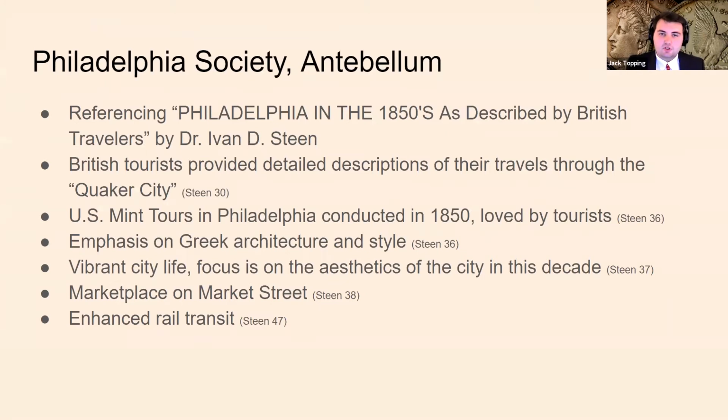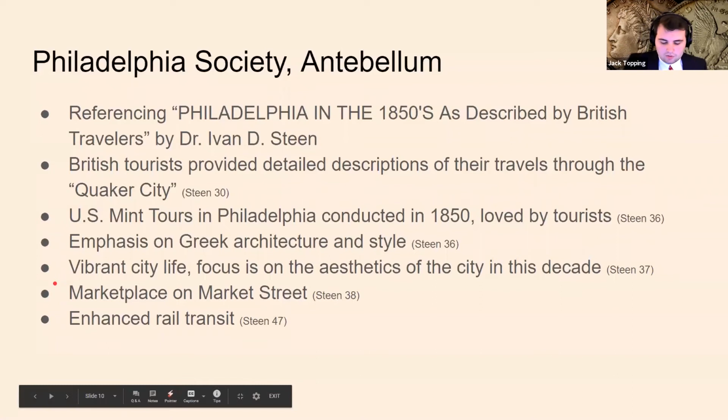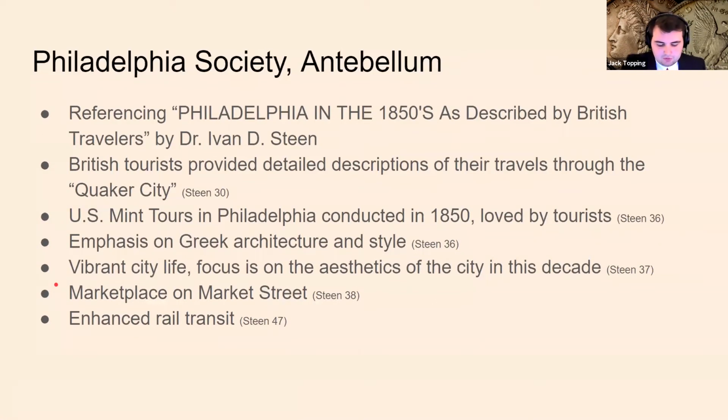These British tourists made really detailed notes about their stay in Philadelphia, and inadvertently it gives us a really good picture from an international perspective, or the perspective of someone that wasn't there, which would be us, because we're looking at it from 2020. We're looking at it from, I should say, 150 or so years in the future.